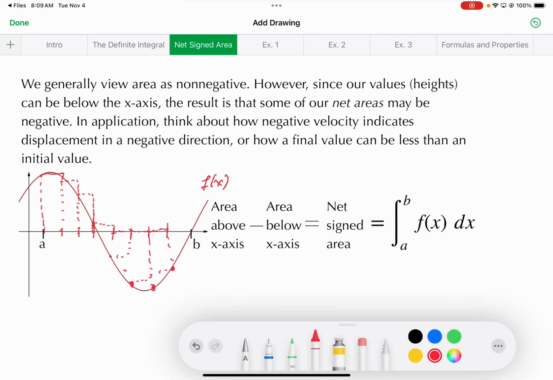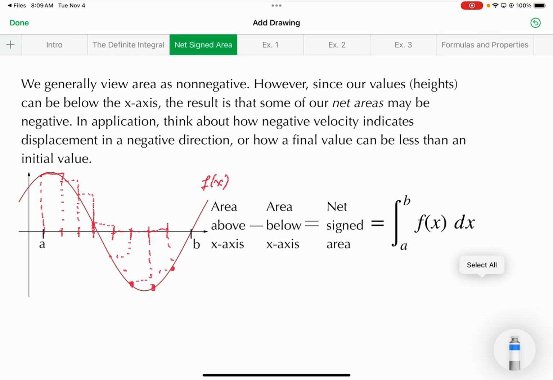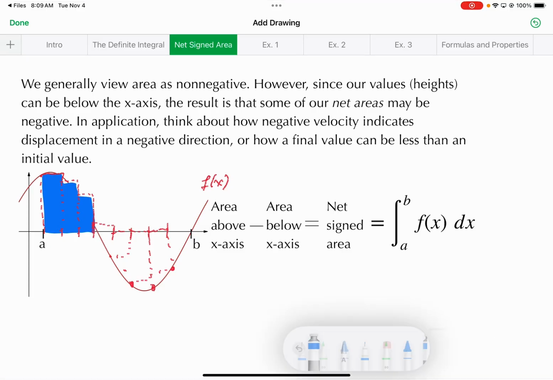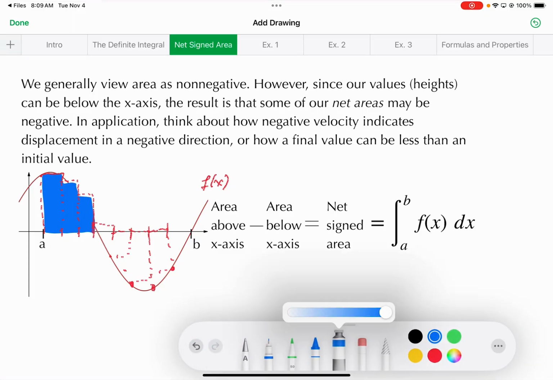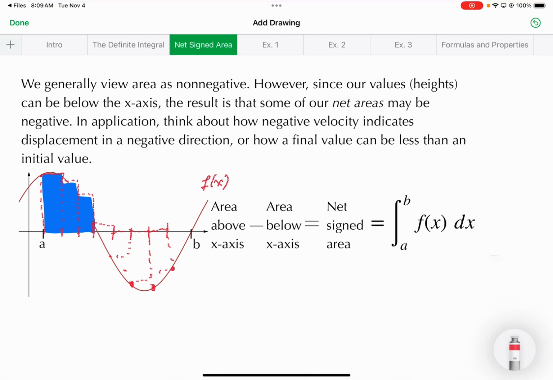If I use my highlighter tool, I think about this as positive area there, and then a little bit more positive area there, but I've got negative area there.